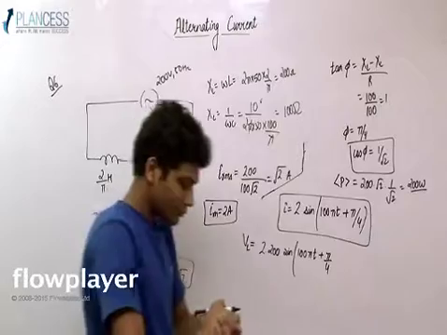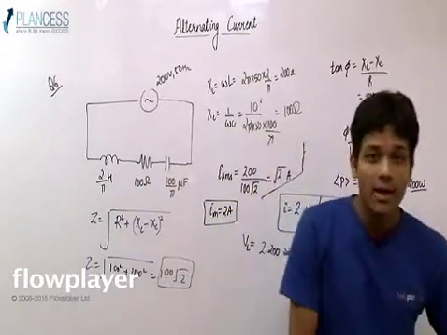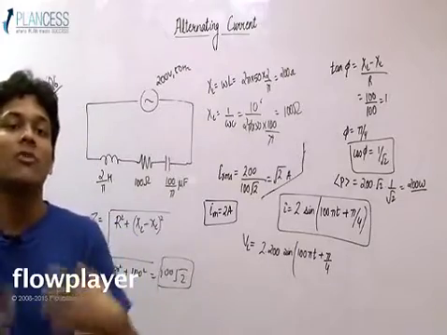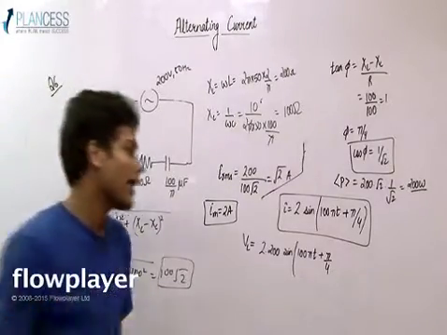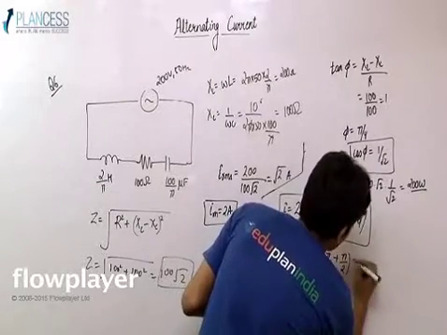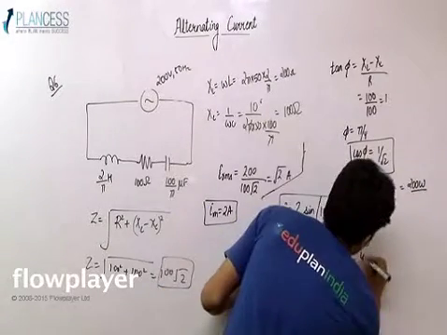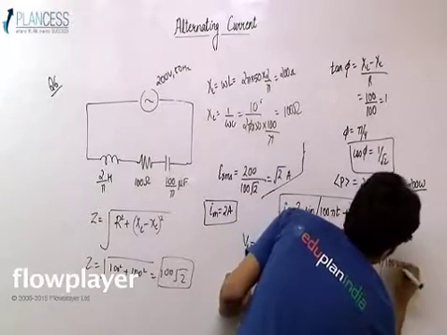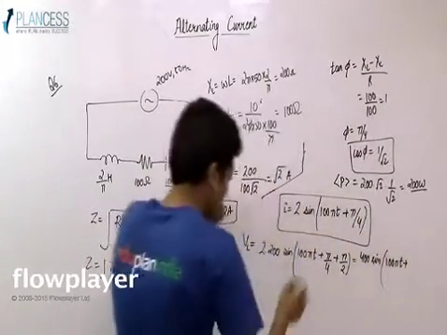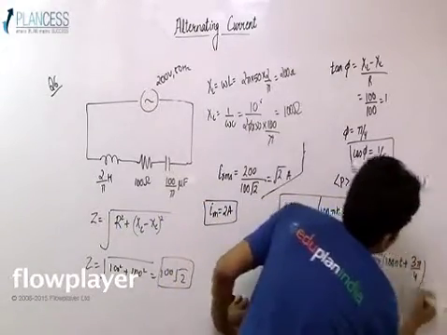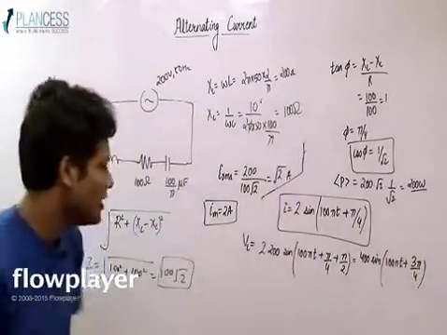I know that in an inductor, current lags behind, and thus the potential difference leads the current by an angle of π/2. So I add π/2. This comes out to be 400 sin(100πt + π/2 + π/4), which is 3π/4. So this would be the value of VL.